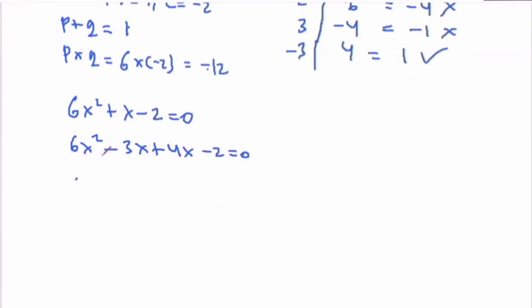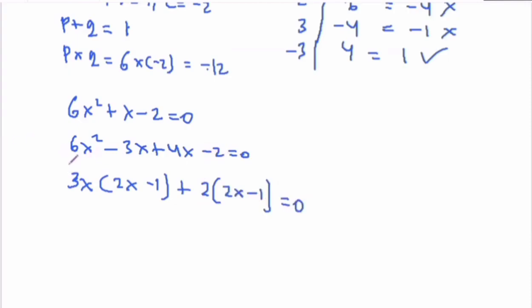Then for 6x squared minus 3x, we factorize: 3x times 2x minus 1, plus 4x minus 2, which is 2 times 2x minus 1, is equal to 0.